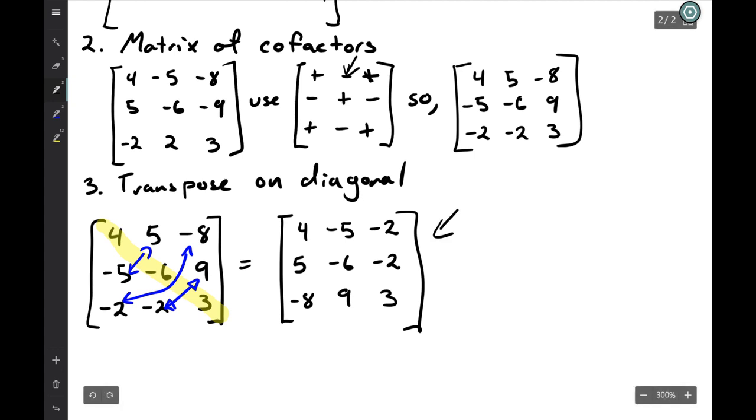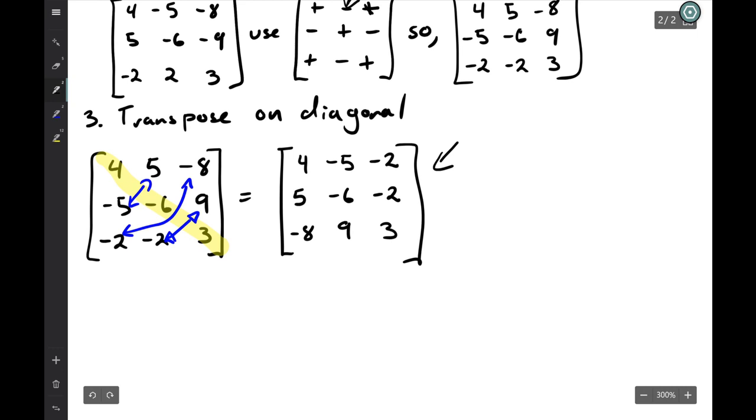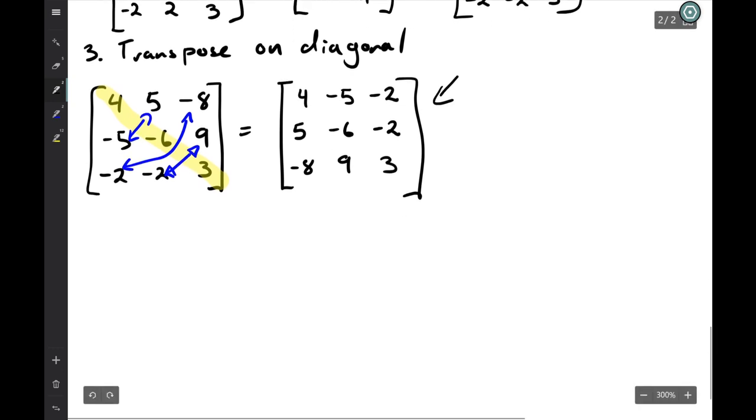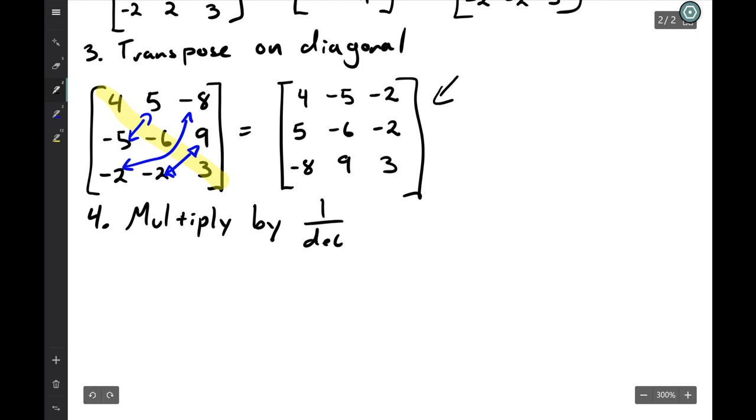Okay, so this one, we're almost done. For step 4, you're just going to multiply by 1 over the determinant of A, which in this case is just 1 over 1. So you're multiplying by 1 over 1, so that's not really anything.